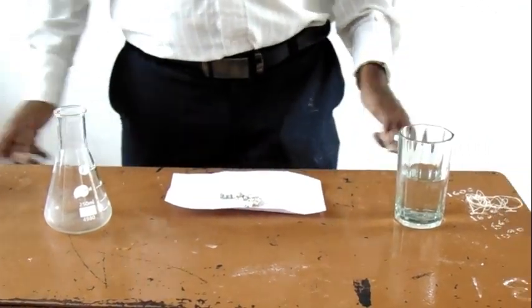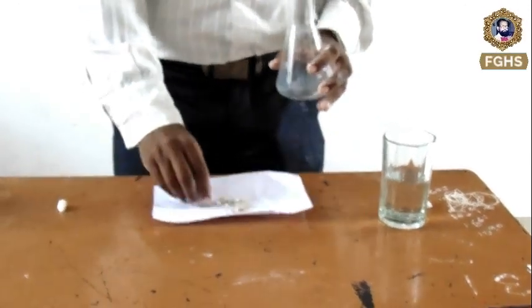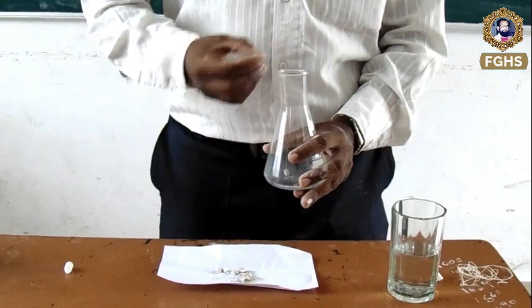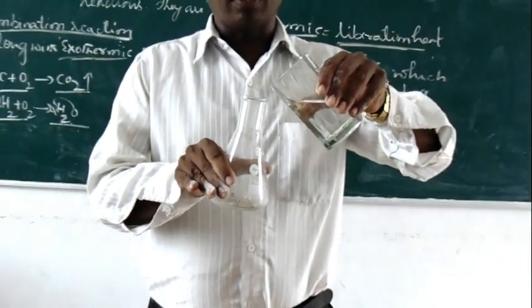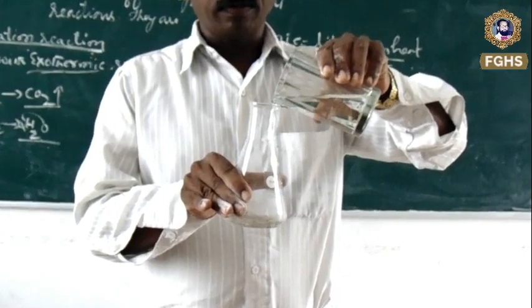First I am going to put small pieces of calcium oxide here. To this I am going to gradually add water. Slowly I am going to add water.